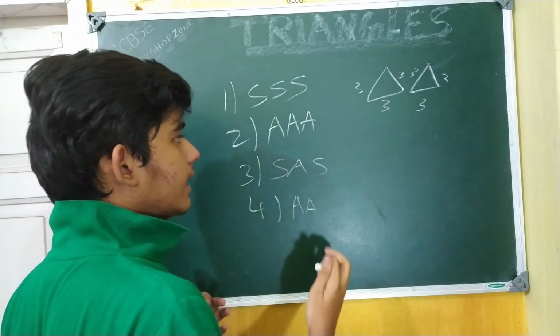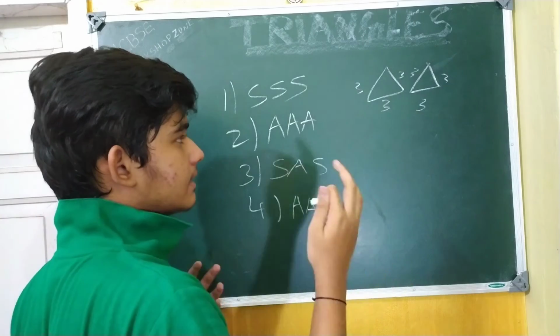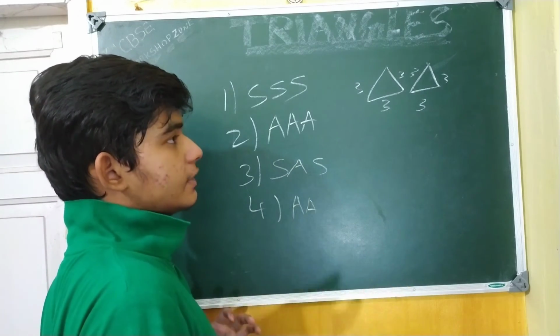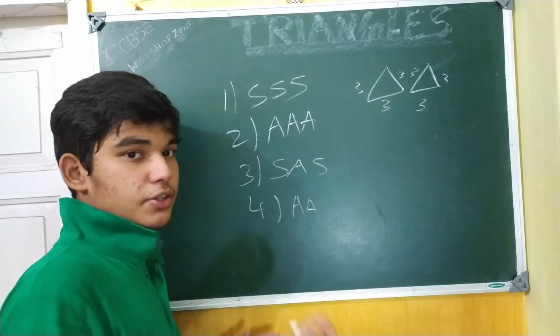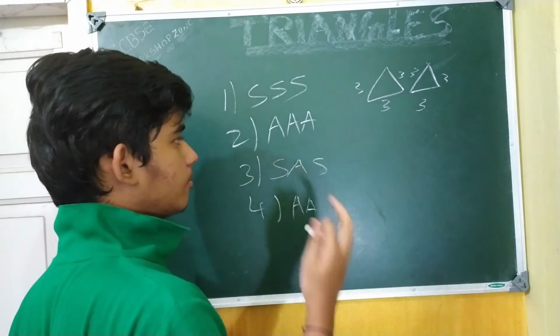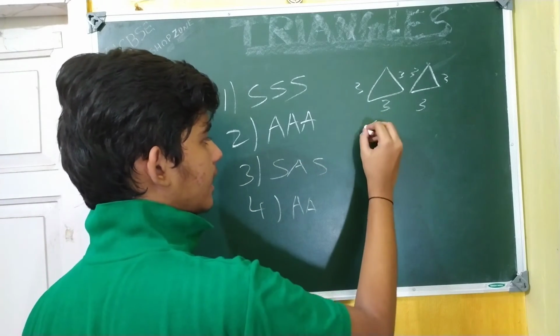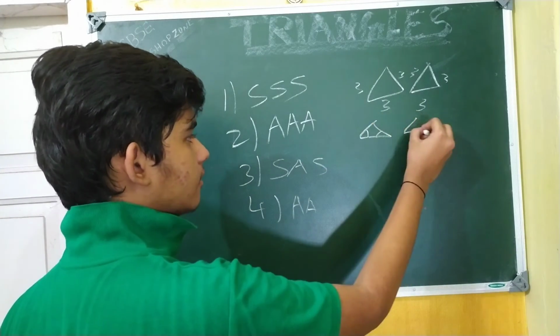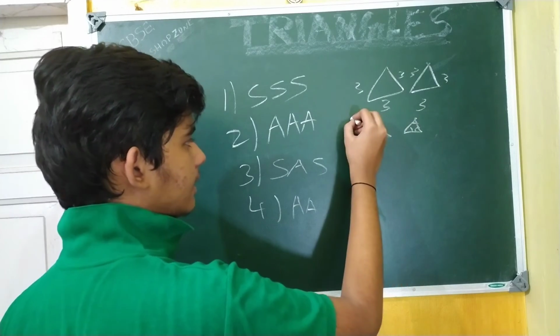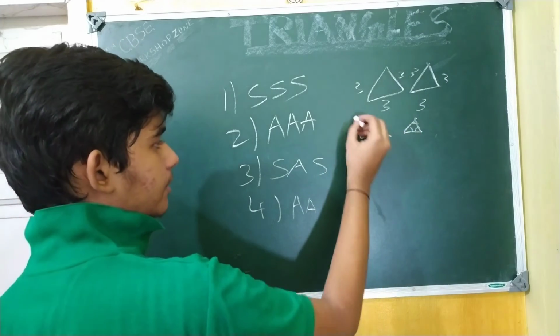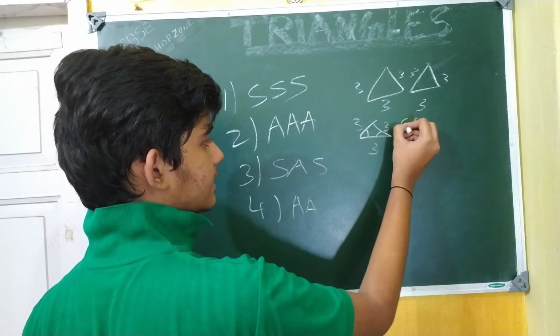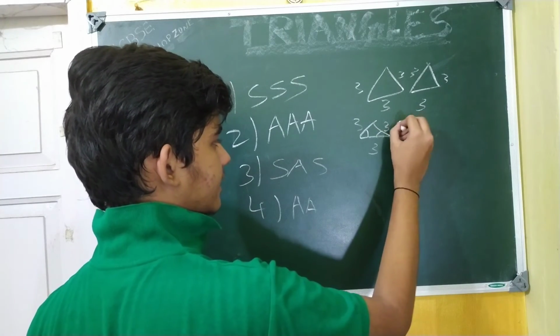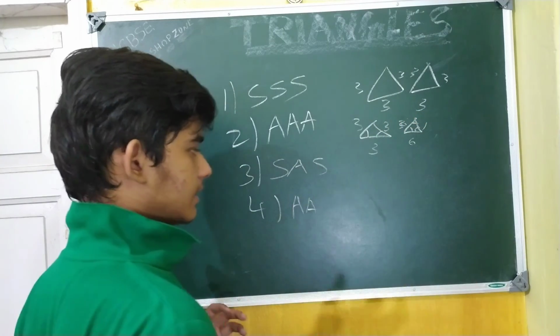In the same way, if the corresponding angles are equal, then the corresponding sides will also be equal in the same ratio or proportion, and that will make them similar triangles. So for example, if they have same angles, then it'll either be 3, 3, 3, 6, 6, 6, or just 3, 3, 3. It'll kind of work in a similar way.